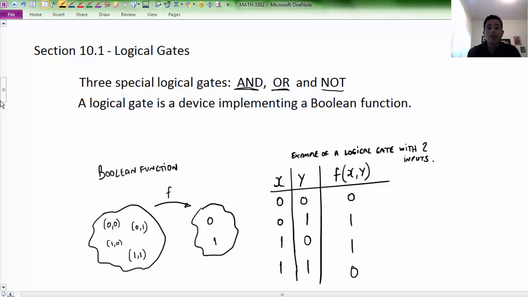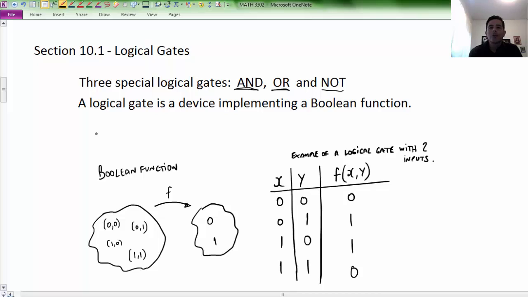It's an important part of discrete math to analyze these basic ideas of logical gates and Boolean functions. It's an interesting application of discrete math. And we're going to look at three basic Boolean functions: the AND, OR, and NOT.